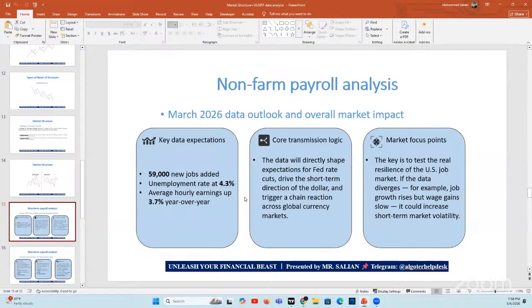NFP in forex means non-farm payrolls. It is a monthly economic report released by the US Bureau of Labor Statistics in the United States.